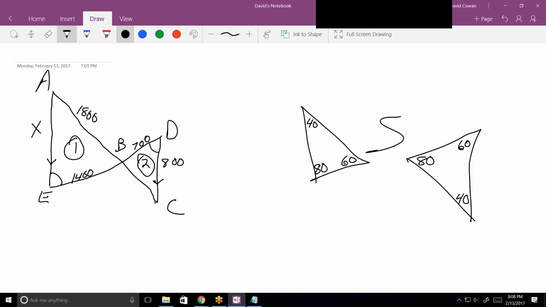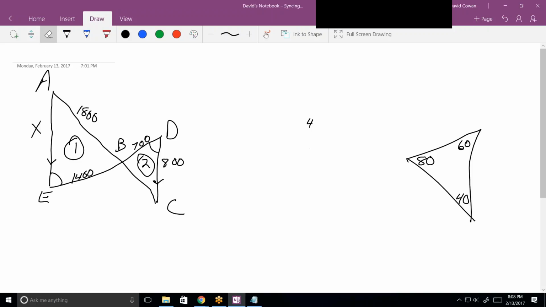And similarity is huge because you have two triangles that are similar, whatever the similarity ratio is, all that holds for all the sides. It's not really the rules for congruency.